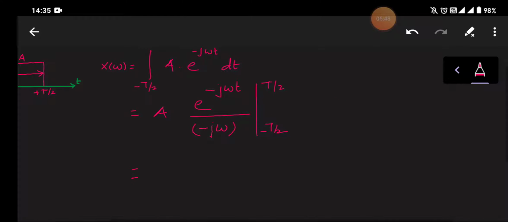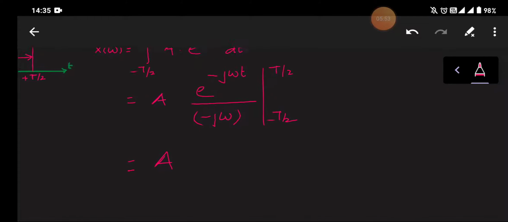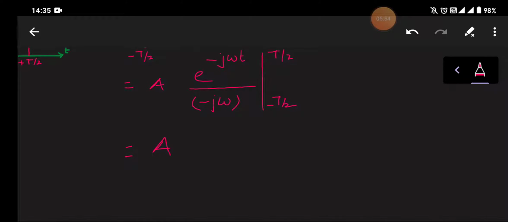Then further solving, A divided by minus j omega, and within brackets we have e to the power minus j omega T by 2 minus e to the power plus j omega T by 2.